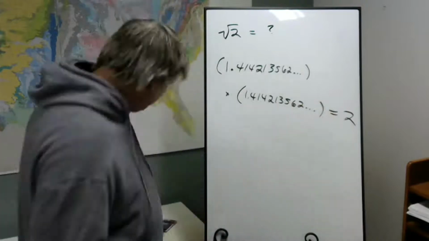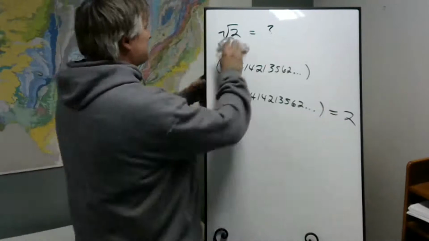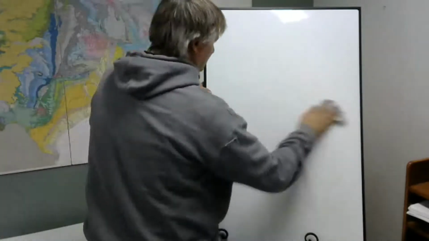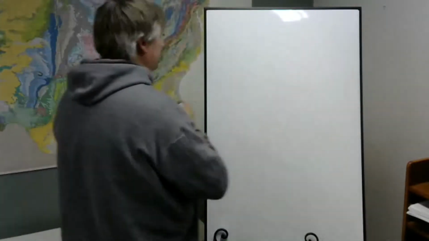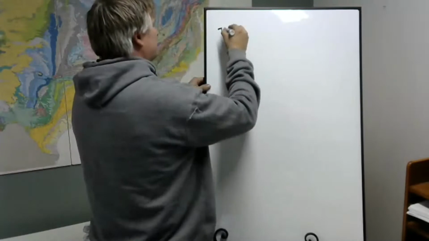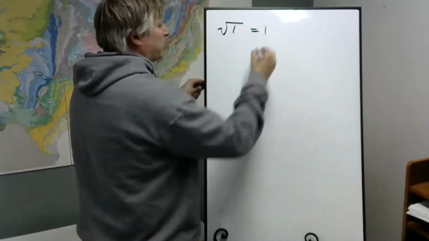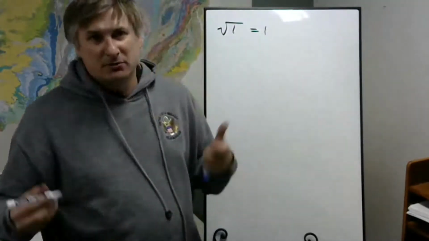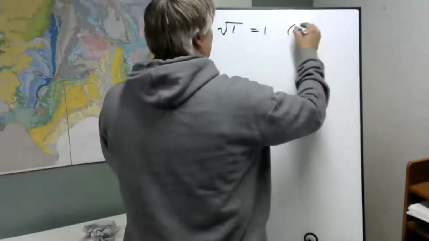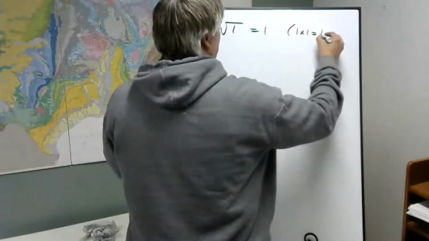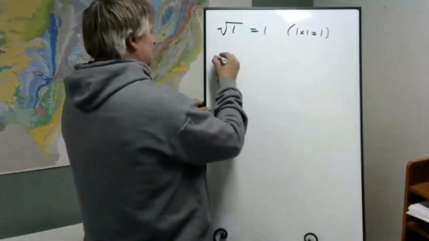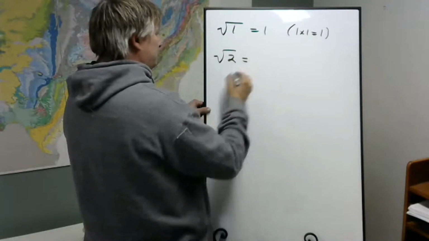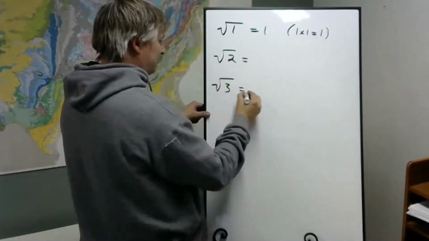Well, let's take a look at some of these square roots. So the square root of 1 is equal to 1 because 1 times 1 is 1. We'll get back to the square root of 2 and the square root of 3.